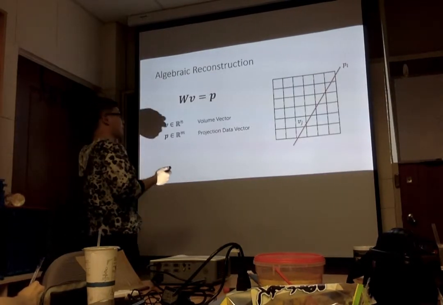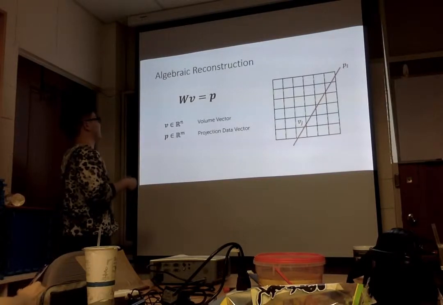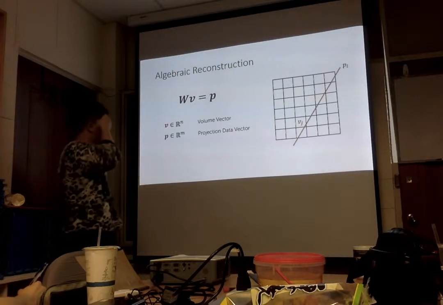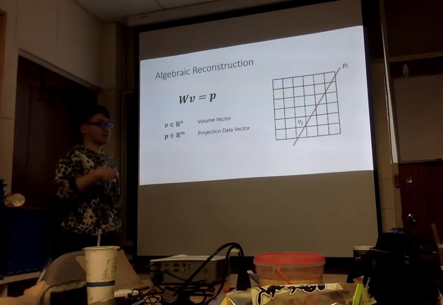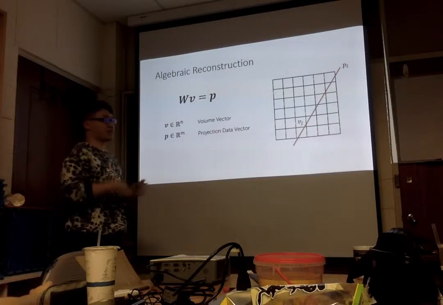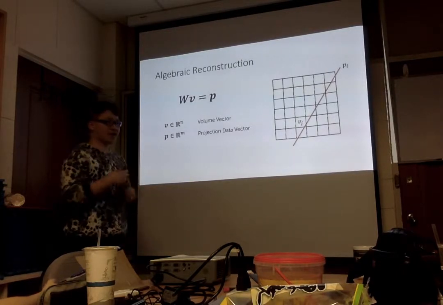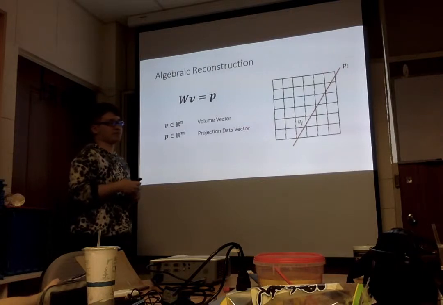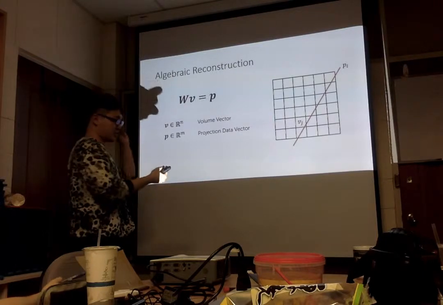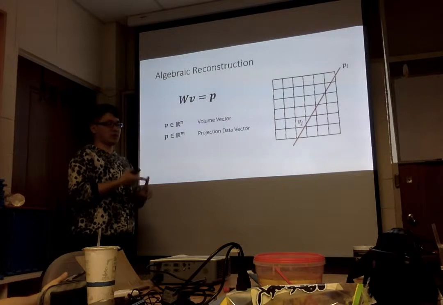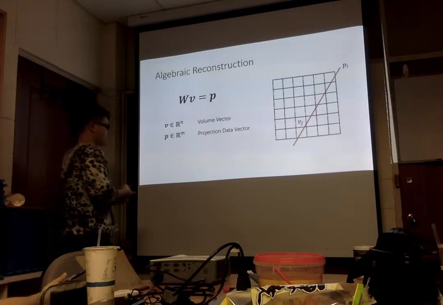Another method of CT is algebraic reconstruction. This method is very powerful because it is flexible. With prior knowledge of the sample, we can change the algorithm, and we can use less data or low SNR to get an accurate image.